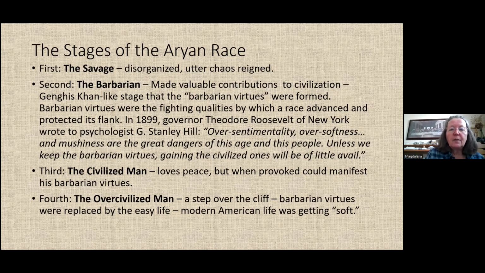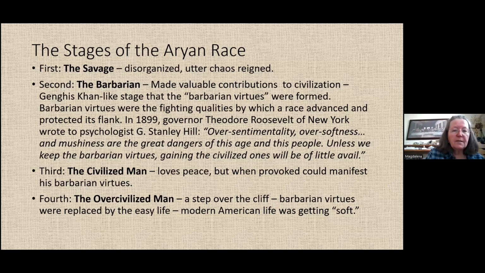In 1899, Governor Theodore Roosevelt of New York wrote to psychologist G. Stanley Hall. He said, over sentimentality, over softness, and mushiness are the great dangers of this age and this people. Unless we keep the barbarian virtues, gaining the civilized ones will be of little avail.